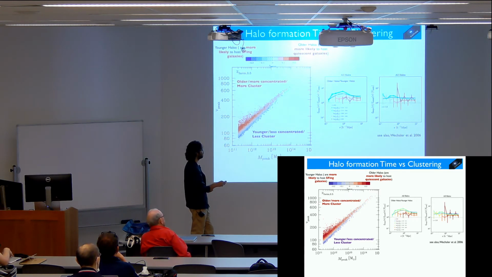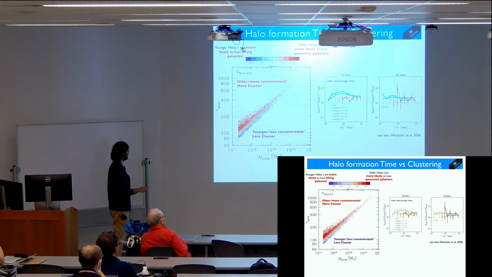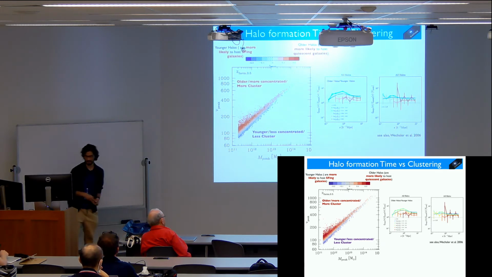We see this at redshift 0, and we see the same thing at redshift 1, what is shown here. So what is happening is that for a fixed halo mass, older halos are more concentrated and more clustered, and halos with a lower V peak will be younger and less concentrated and less clustered. Okay.